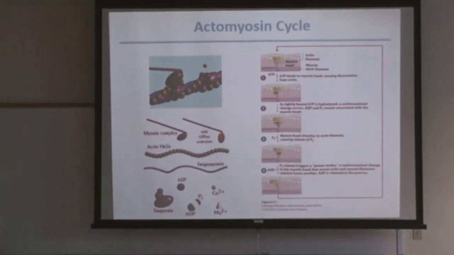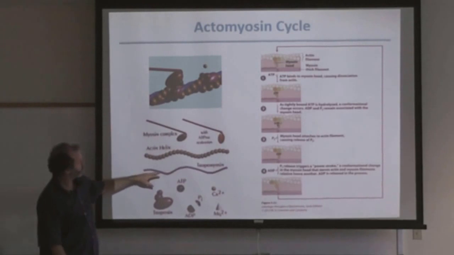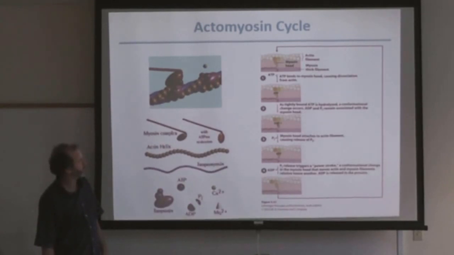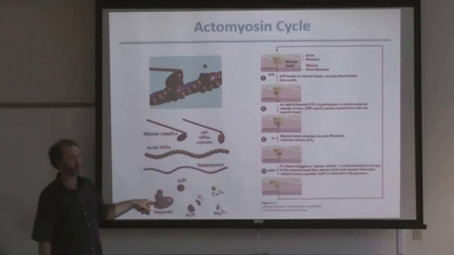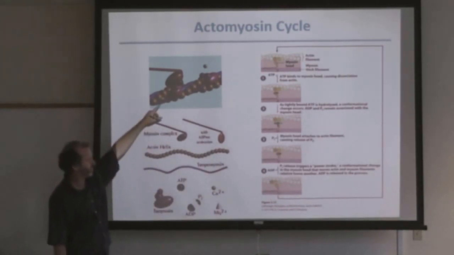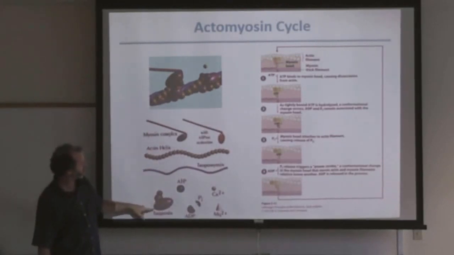One thing that seems to be left out of this presentation is the role of tropomyosin, right? Tropomyosin and troponin. So what's going on with them? There's a calcium binding site on the troponin.